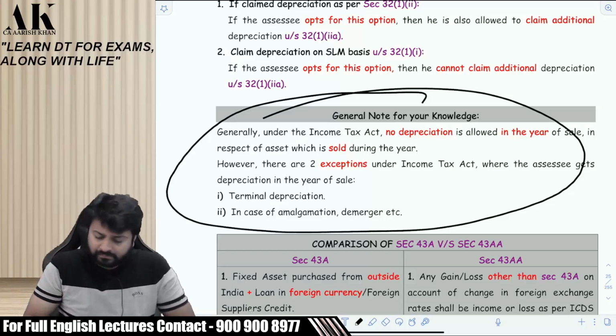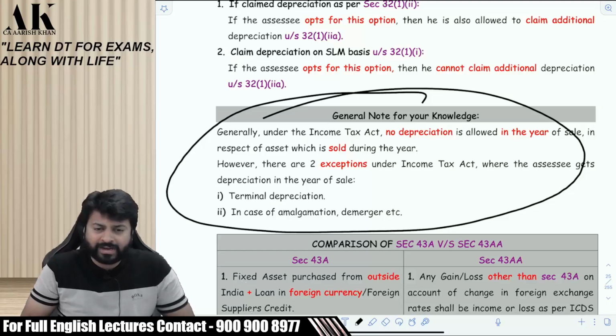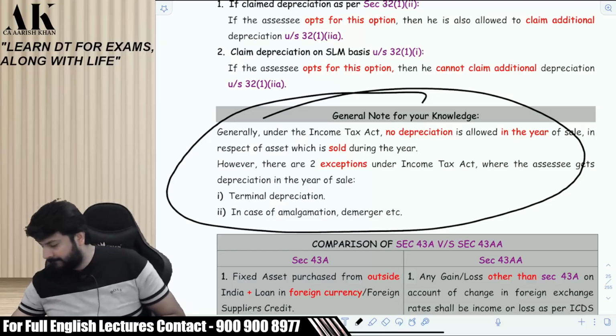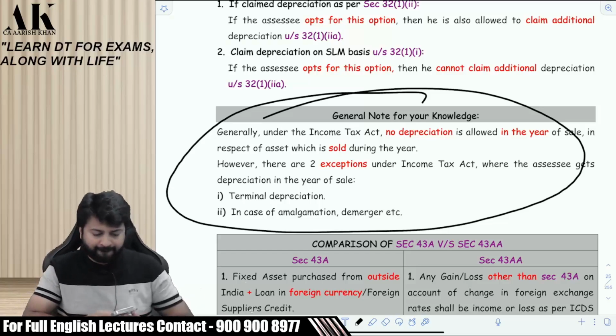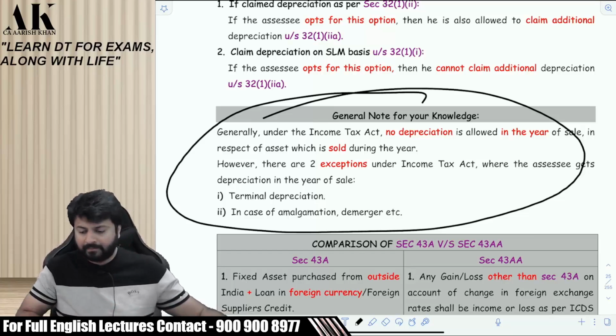Check it. One is terminal depreciation. The other I have taught you today only, that is in amalgamation. Is it clear?